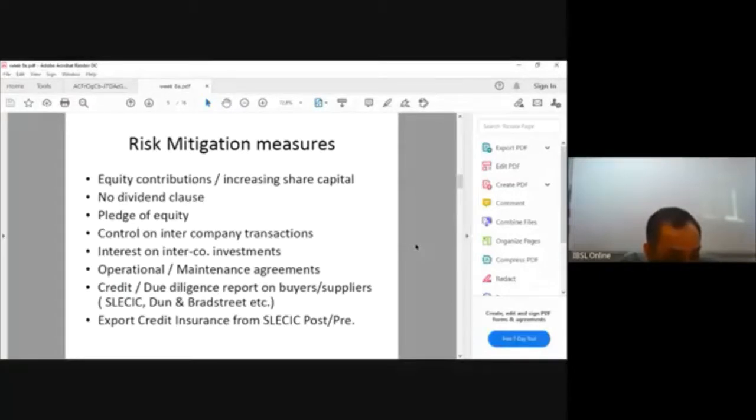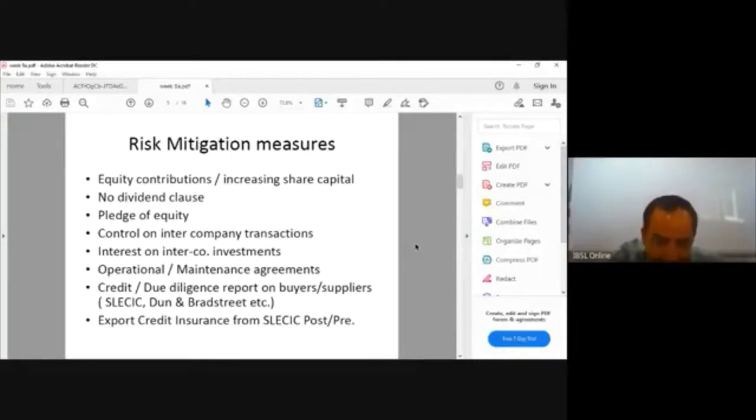SLECIC issues insurance and arranges insurance. Export credit insurance from SLECIC can be post-export or pre-export. That is also issued by SLECIC.